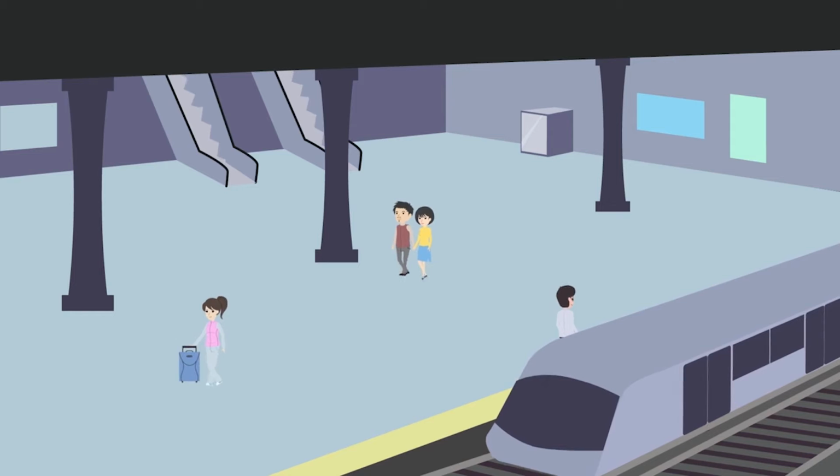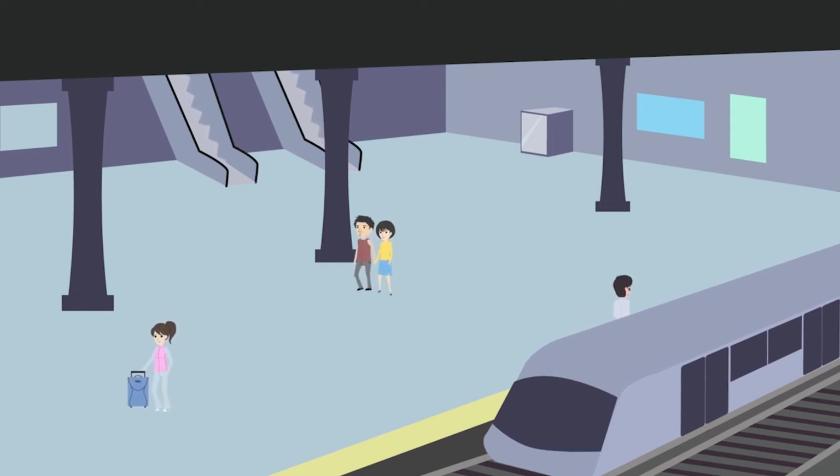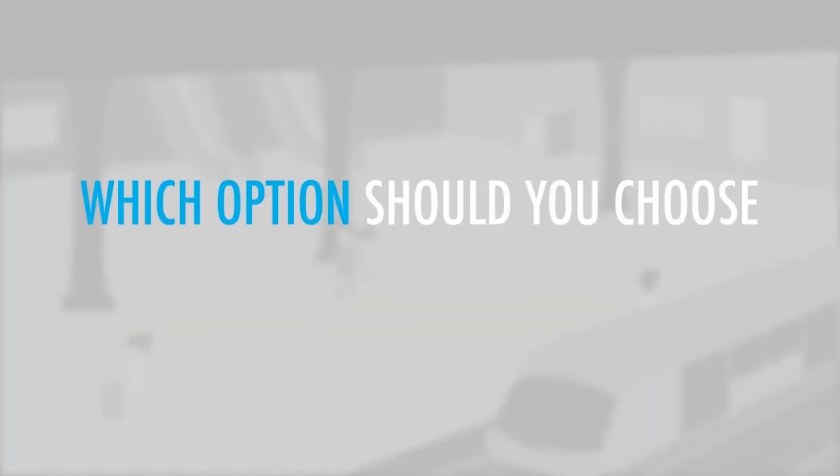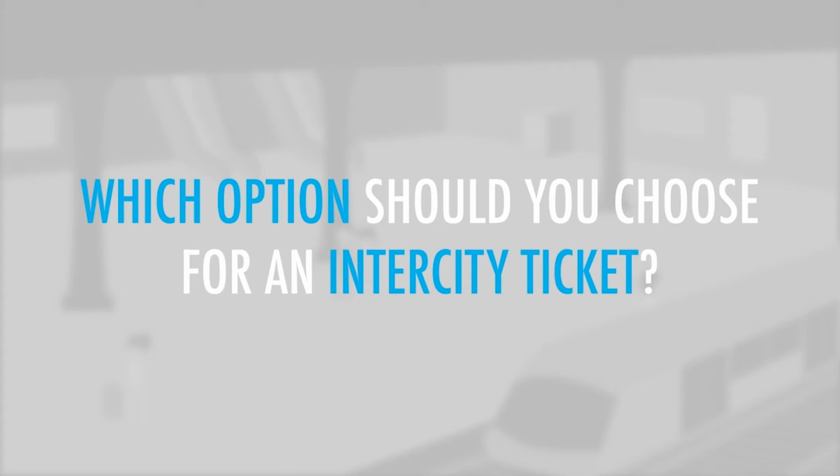You are at a train station where you're attempting to buy an express ticket from a ticket machine. Which option should you choose for an intercity ticket?